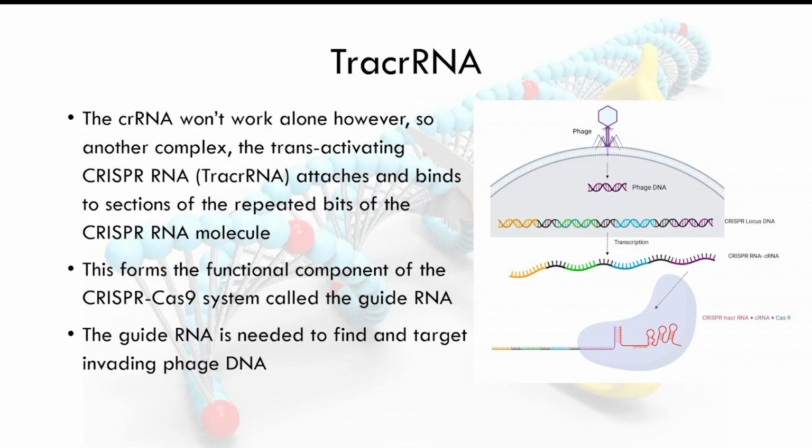But before we get the guide, we have to chop off the other bits that aren't needed, because of course we've got 4 different phages connected to this. We'll get to that. But it's CRISPR RNA plus tracer RNA that is your guide RNA. So once you've got CRISPR plus tracer, that's your guide RNA.